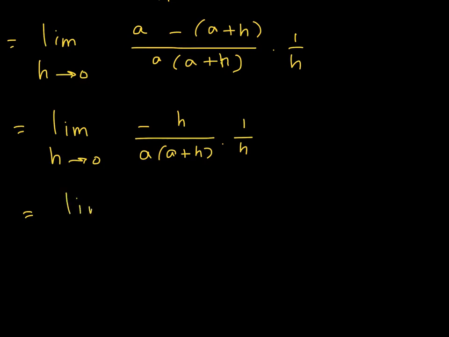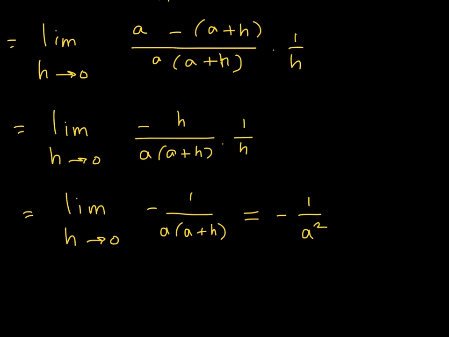And so you have the limit as h approaches 0 of negative 1 over a times a plus h. Now this denominator is not 0 at h equal to 0, and so this is just negative 1 over a squared. Because remember, h is approaching 0, so this term here is approaching 0.